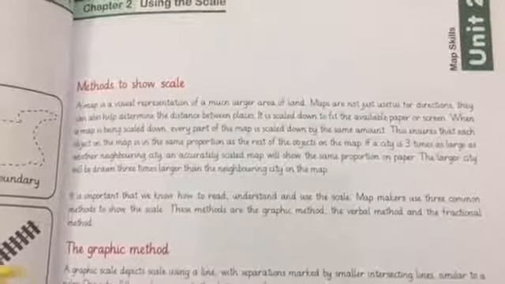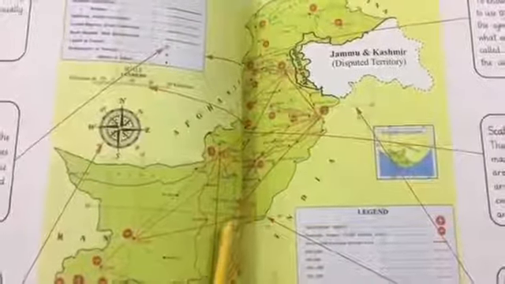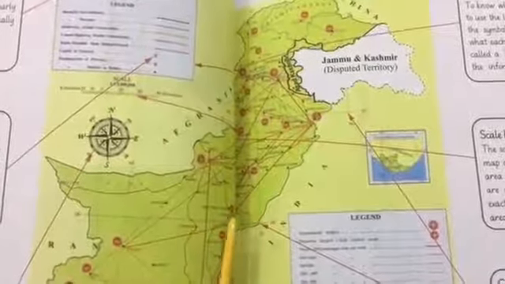For example, let's have a simple example. A road is shown on the map, right? Let's suppose this is a road. Now, this is being shown on the map, but in real life, this road is not only this much.